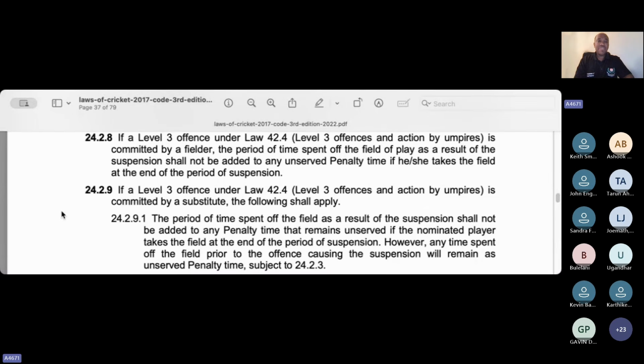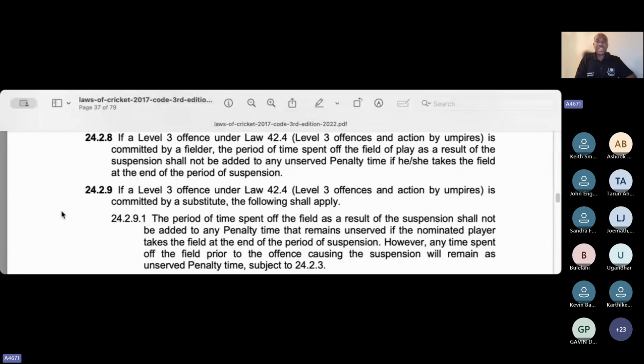If a level 3 offense under law 42 is committed by a fielder, and a level 3 offense is a serious offense, maybe intimidating another player, an opposition player, law says that if a player commits a level 3 offense, then they will be suspended from the field of play for a period of 1/5 of the allocated overs for a match. So if it's a 50-over match, then they will be off the field for 10 overs.